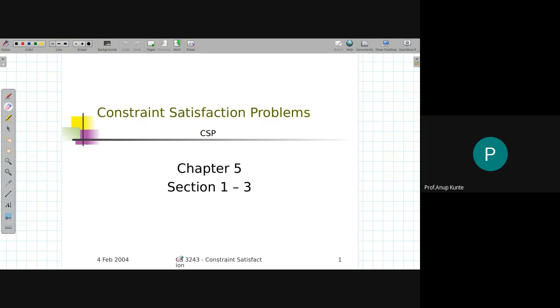We know that this problem is a bit different from other state space search problems. The other state space search problems were the problems where we wanted to reach the goal node through understanding what actions lead us to the goal node.